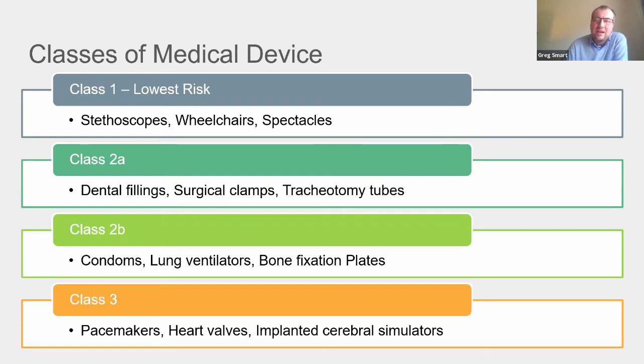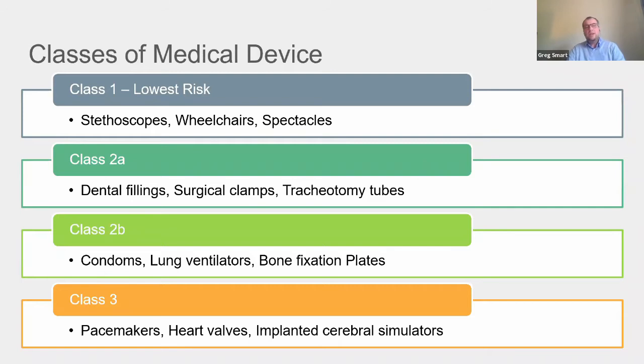But you can see the principle is that we start with Class 1 as the lowest risk, and move through to Class 3 as the highest risk. Class 3 would be something where failure might readily involve death. Class 1, something where failure might involve some mild inconvenience, but is unlikely to have any more serious impact than that.